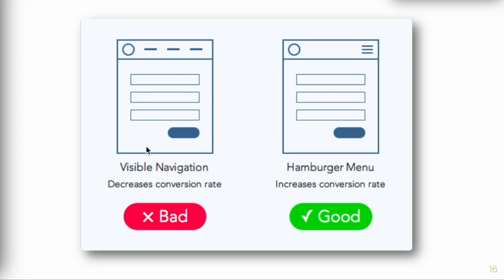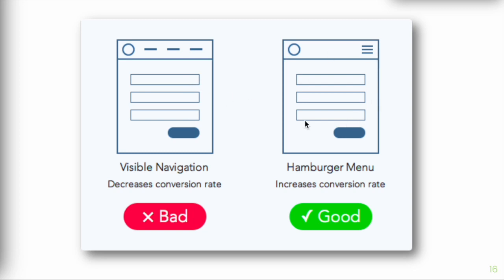In the visible navigation, you have all the menus on top. But what if you have 6 menus? It's going to be crowded here, and it has the tendency to make your user confused with what's happening or how to navigate the user interface that you have designed for them.